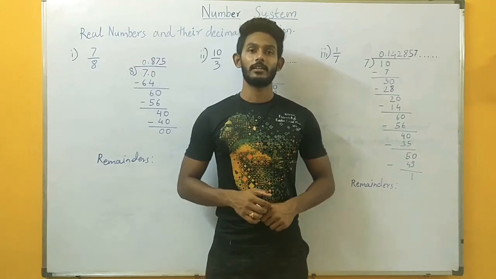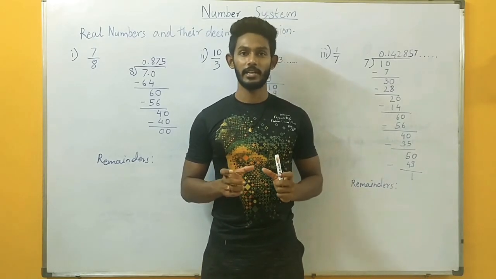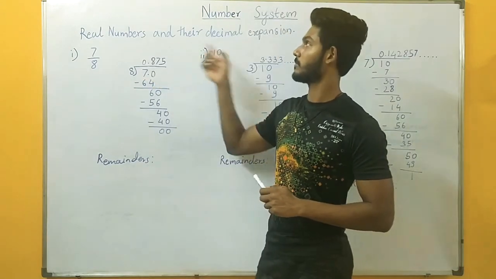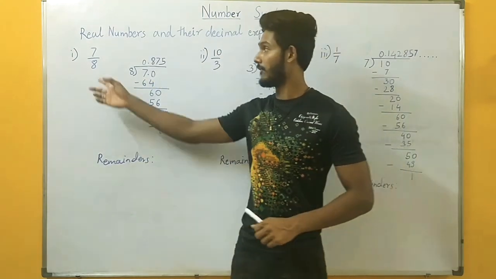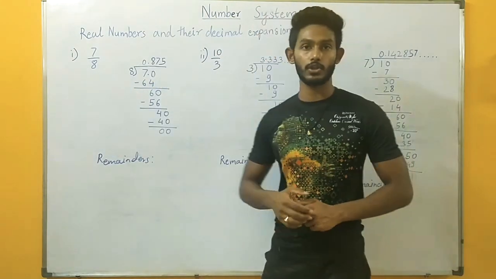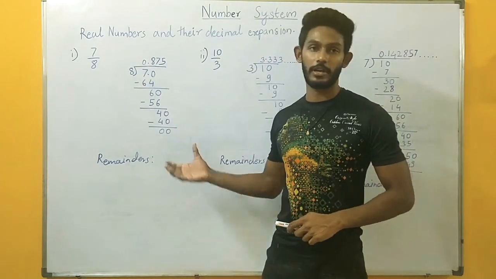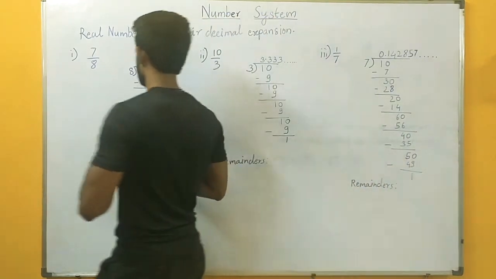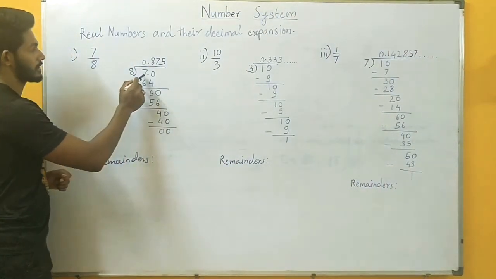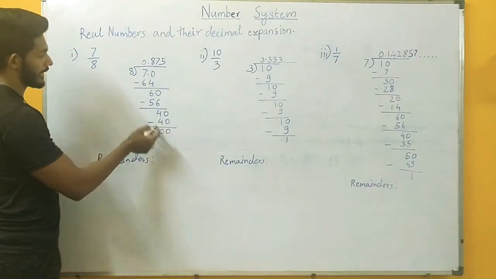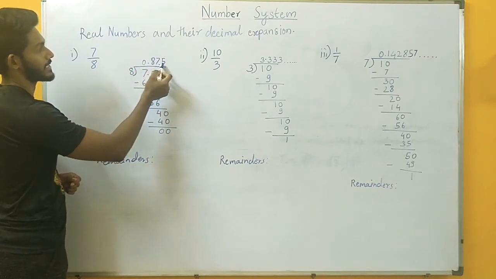Let's try to understand the difference between rational numbers and irrational numbers by learning the concept of real numbers and their decimal expansion. I have taken some examples of rational numbers over here and I have divided them accordingly. So let's try to understand the difference. When I divide 7 by 8, I get quotient as 0.875.